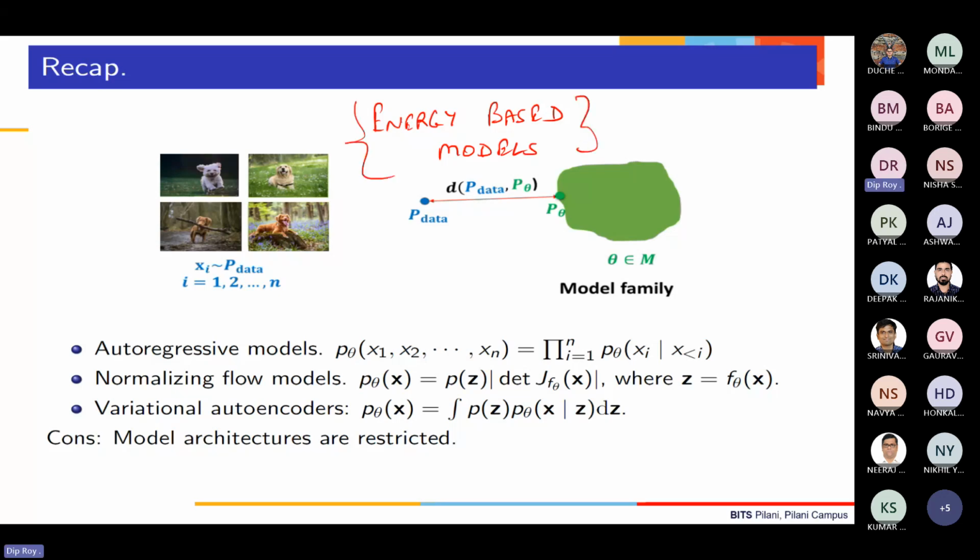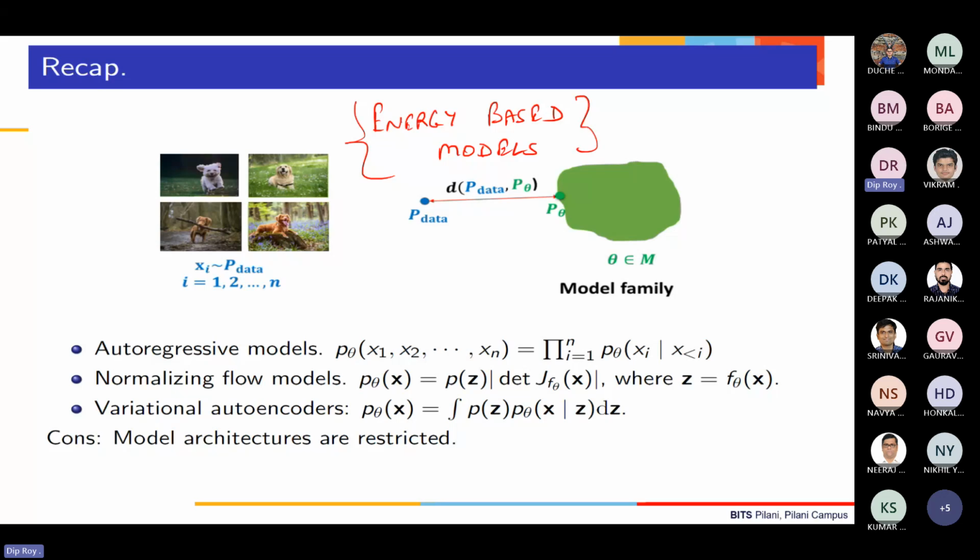So let's start talking through them. This is our old diagram that we have. You all are familiar with it. What we have gone through now are autoregressive models, normalizing flow models, variational autoencoders. Everyone had a different flavor.